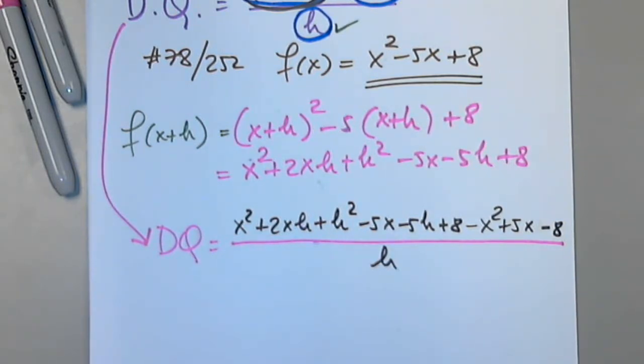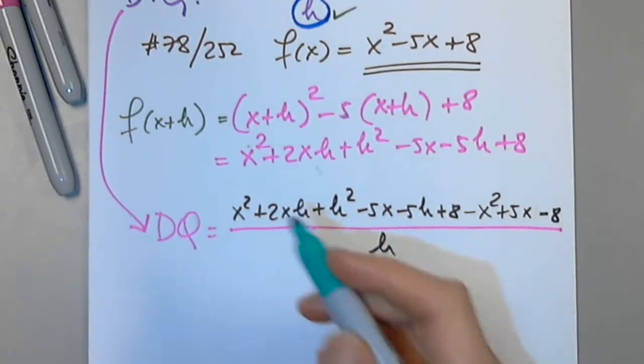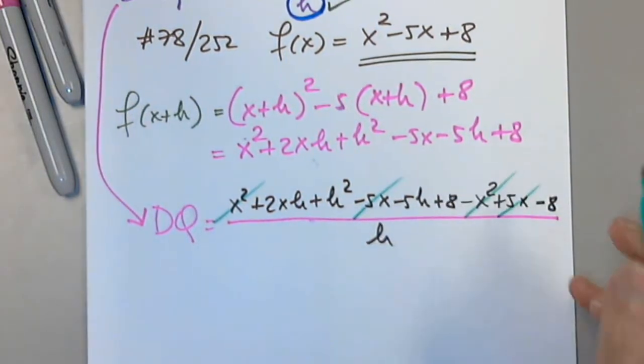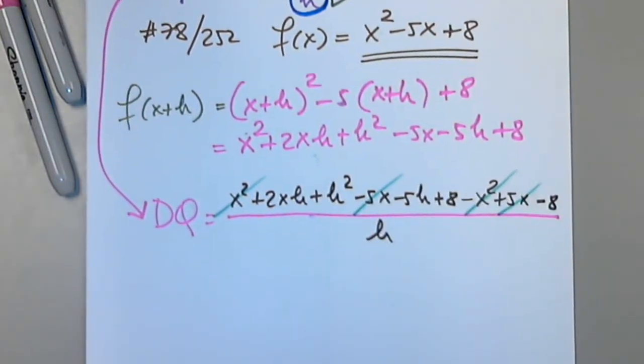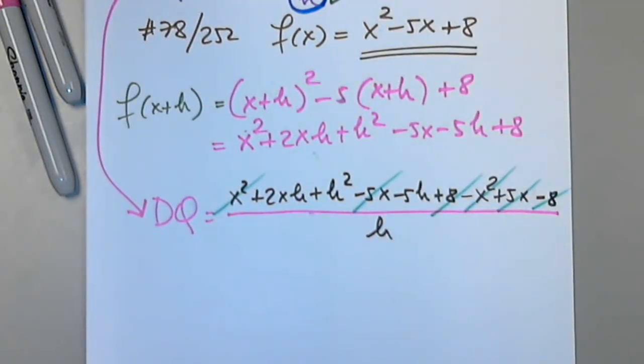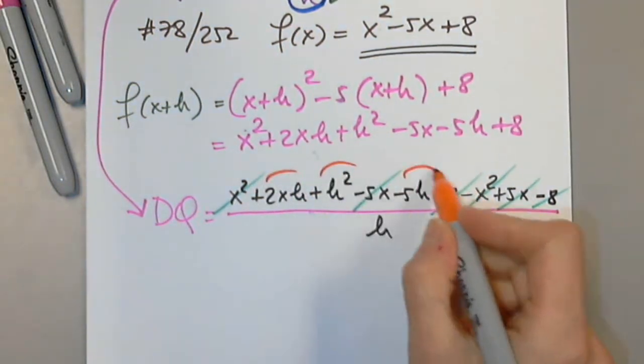So can anyone dictate terms that go away from the top? Negative 5x. All terms that do not have h must go away. How many terms are left over? 3. Yes. 1, 2, 3.